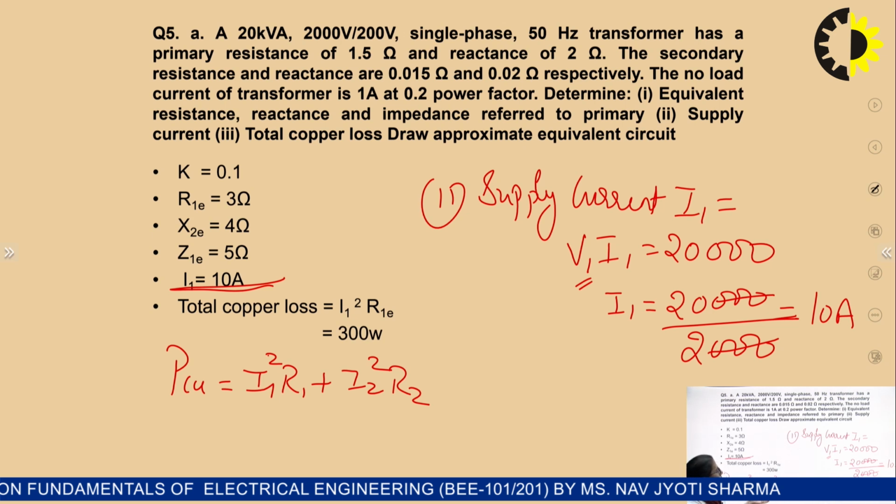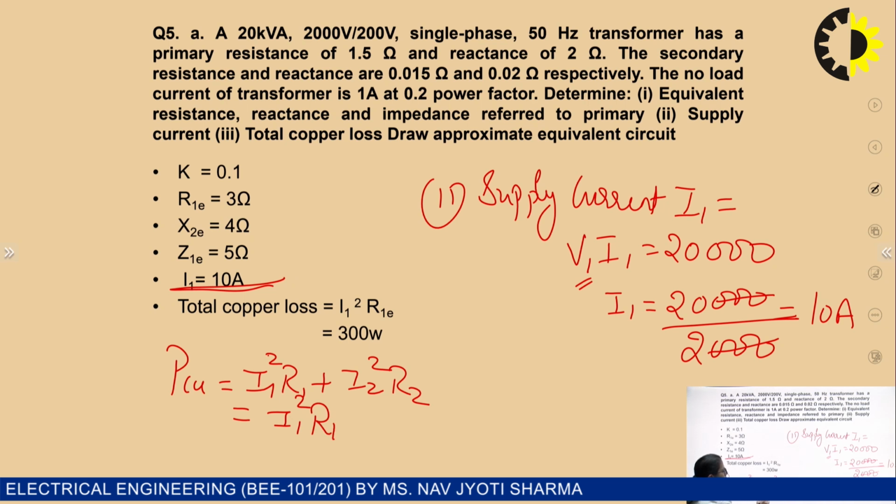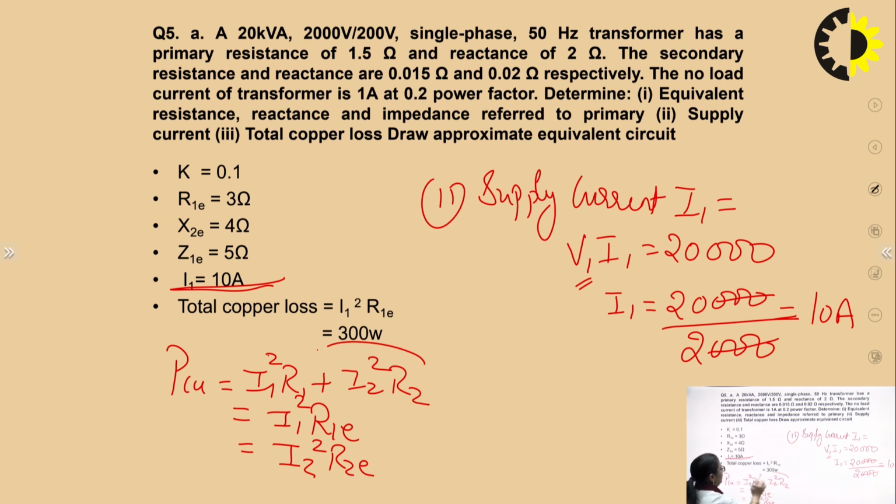Now, if I refer the secondary resistance towards the primary side, I have another formula, I1 square into R1E. R1E is the equivalent resistance referred towards primary. Similarly, if I refer the complete circuit towards the secondary side, I get I2 square into R2E. I may find it with any of the 3 formulas.